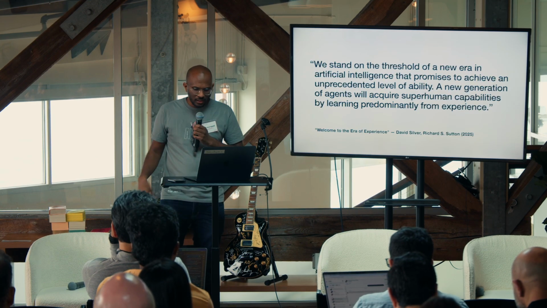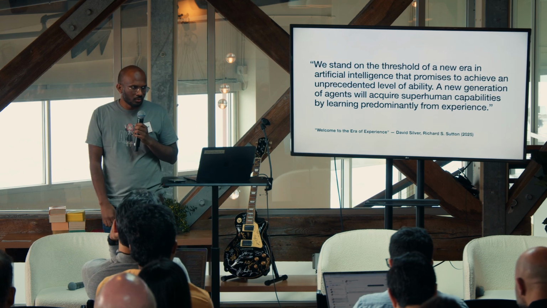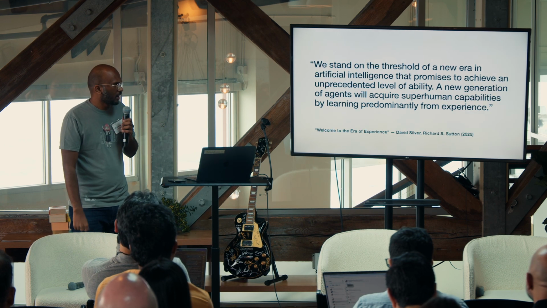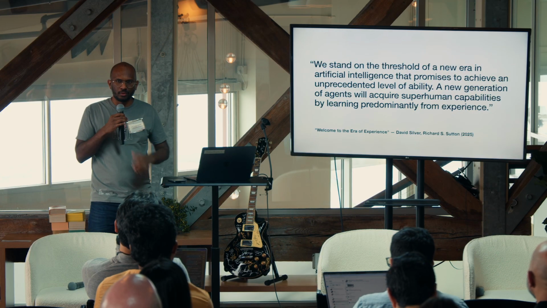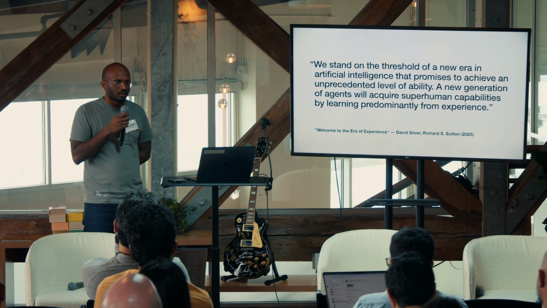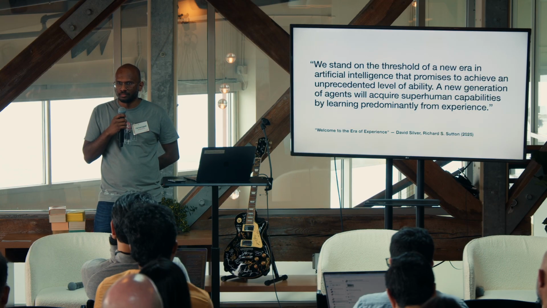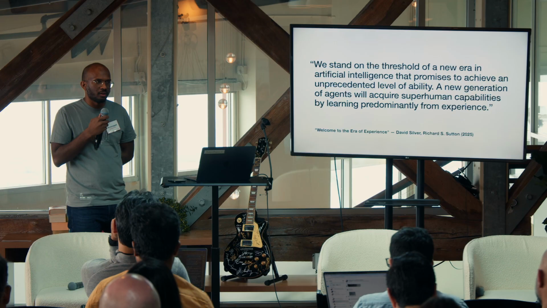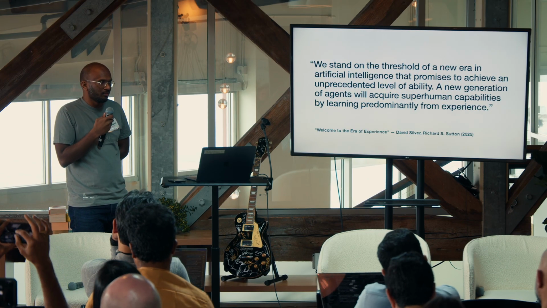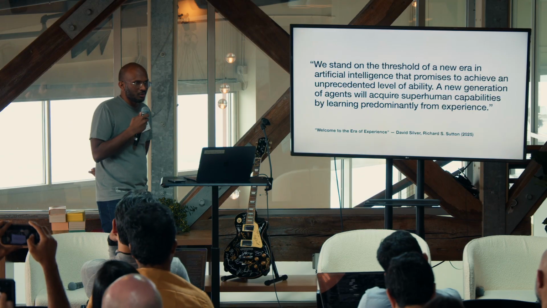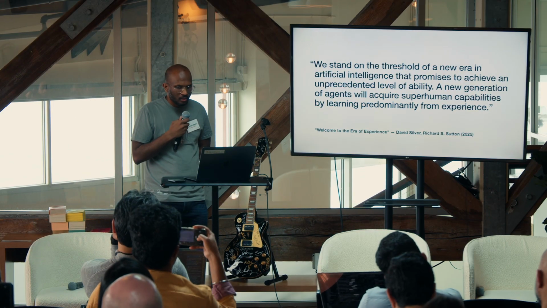And then finally, before I take questions, I wanted to leave you with this quote from an essay I read recently that I really enjoyed. It's called Welcome to the Era of Experience, and it talks about how until last year, LLMs were mostly trying to imitate humans. We were trying to train them on massive amounts of data that humans have generated, then train them to match human preferences and responses.